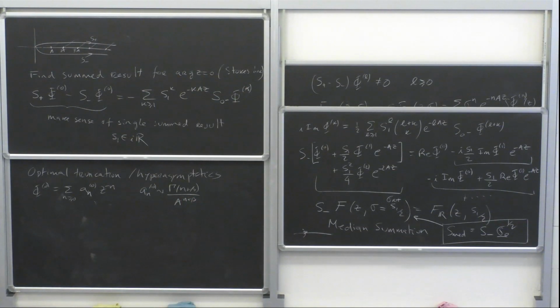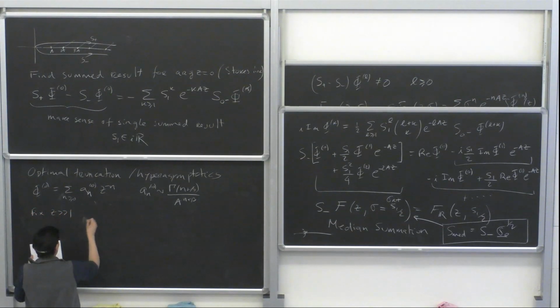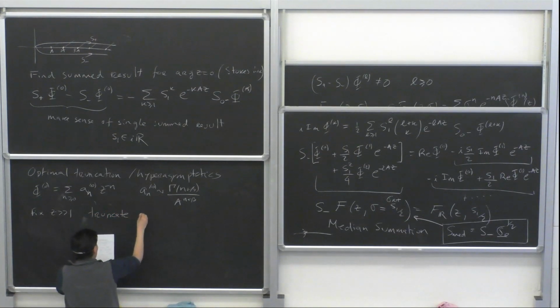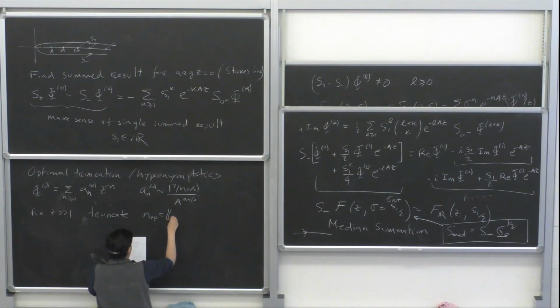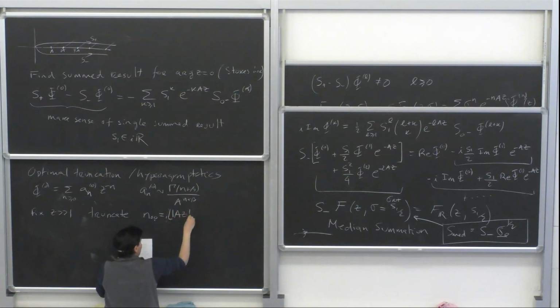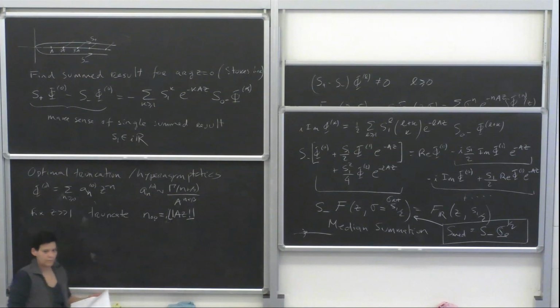And I mentioned to you that for each value of z, so fix z, I'm assuming z very large, we can truncate. So the optimal truncation means truncate at n optimal, which is given by the modulus of A z.